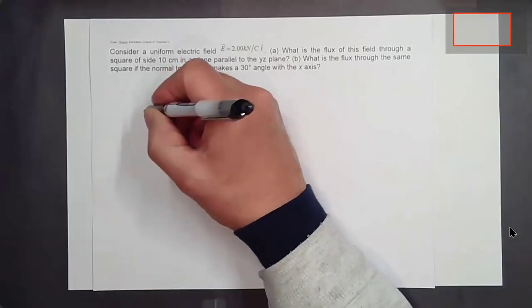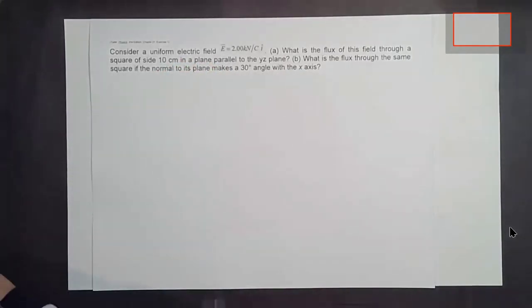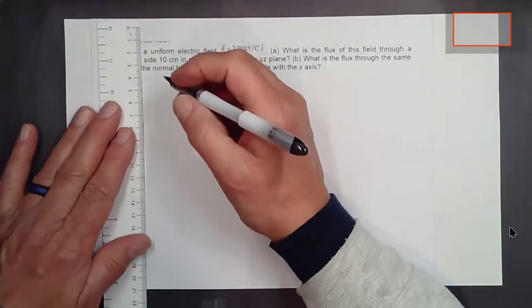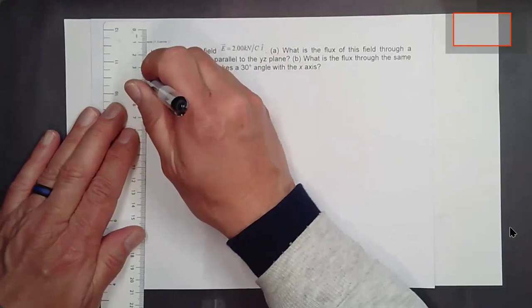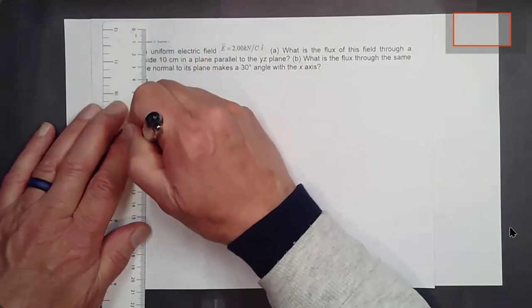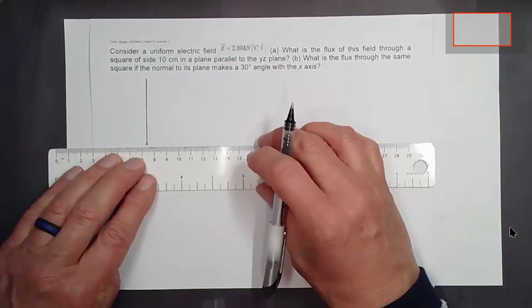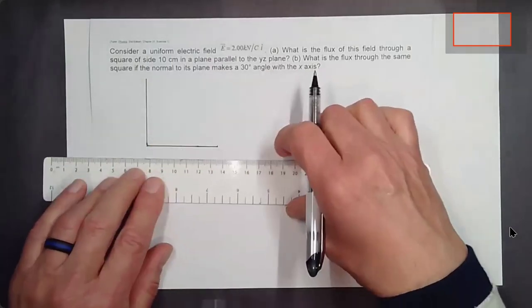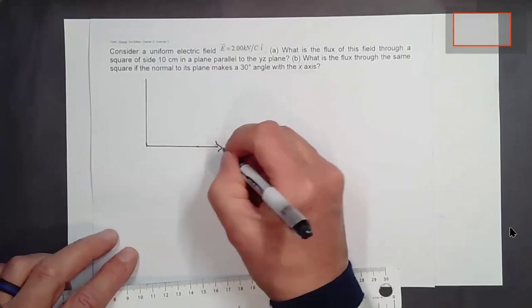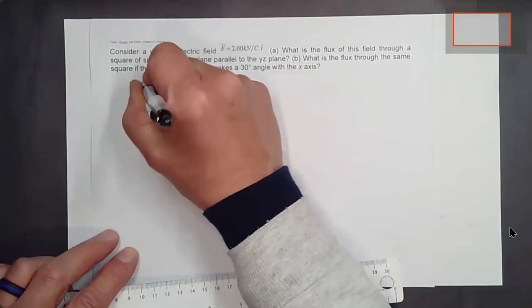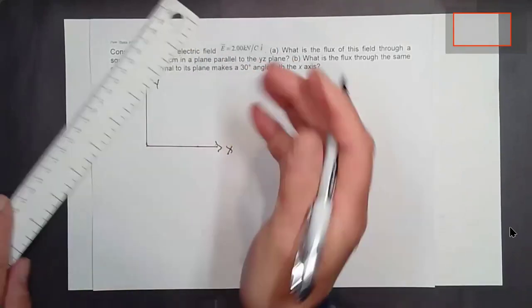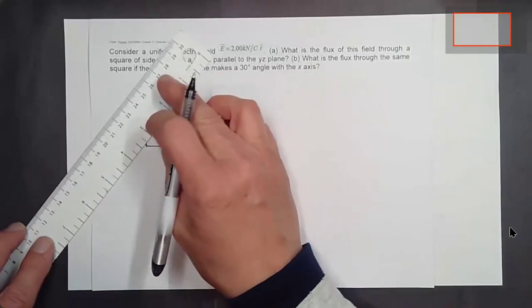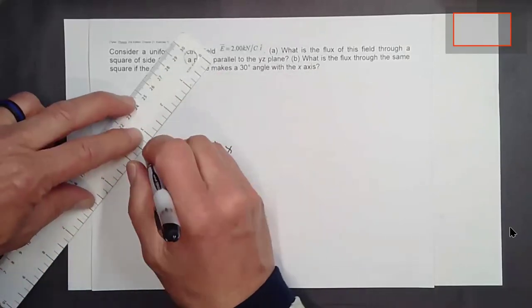Okay, so I'm going to draw, just don't usually do these, but draw a little three-dimensional coordinate system. And I don't know if you've done much with this in calculus or not, but we draw X that way, Y that way. Z would be perpendicular to the two of those things.